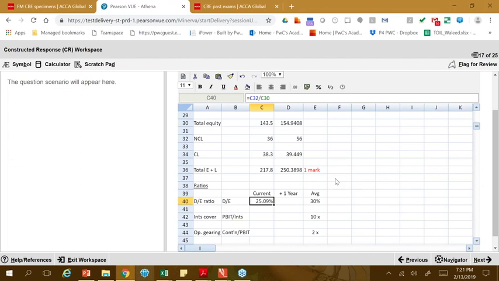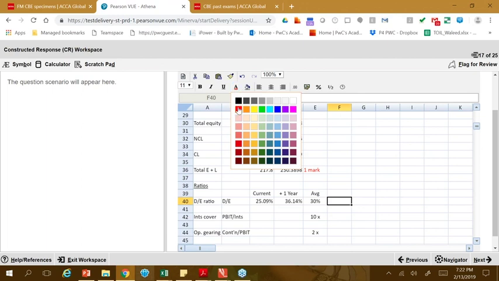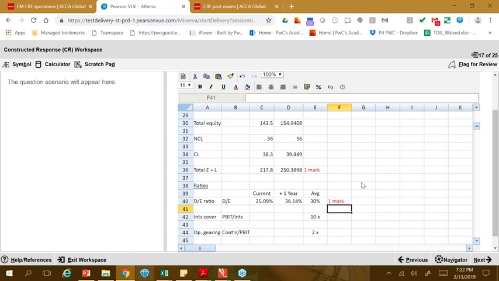Then after 1 year, I'm going to do the same calculation, but using the plus 1 year data, which I have computed. So debt is now D32 over equity, which is D30. Let's see what we get here. 36%, and at this point, I will get 1 mark. Easy.